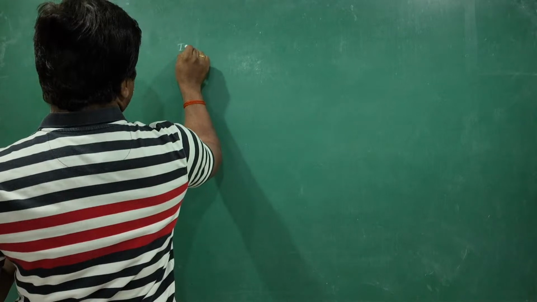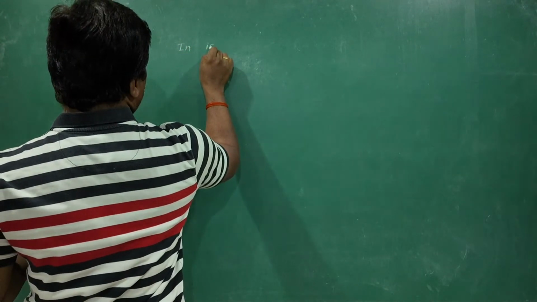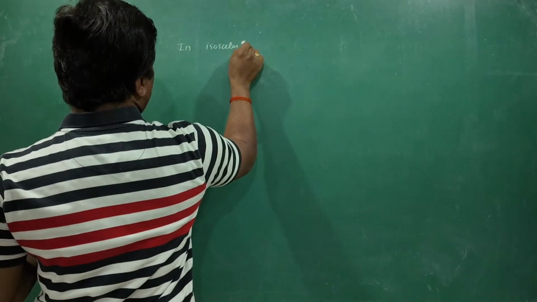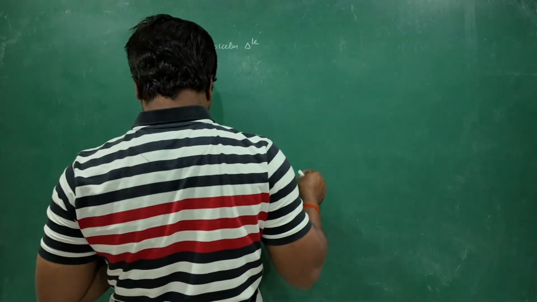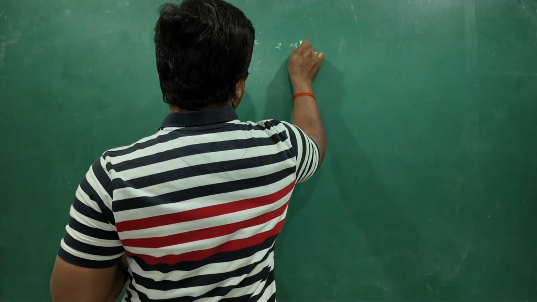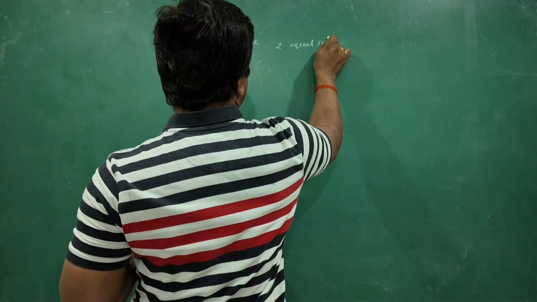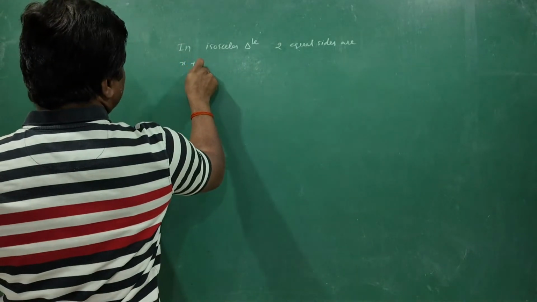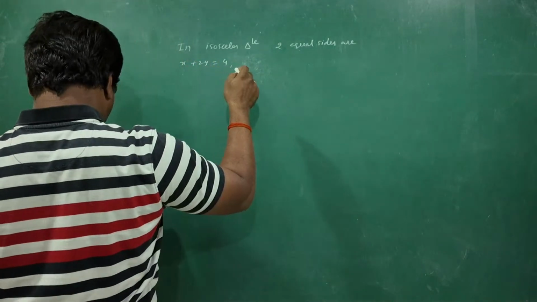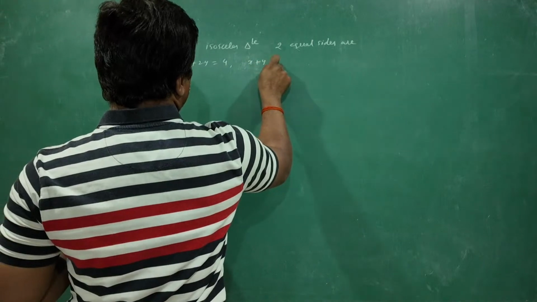In an isosceles triangle, two equal sides are given. First one: x plus 2y equal to 4. Second one: x plus y equal to 4.